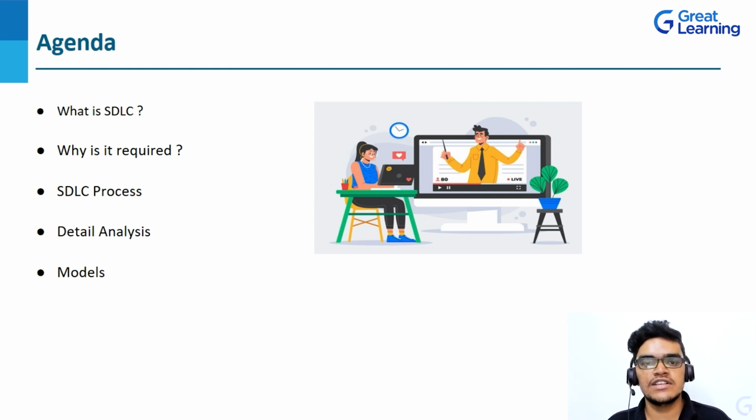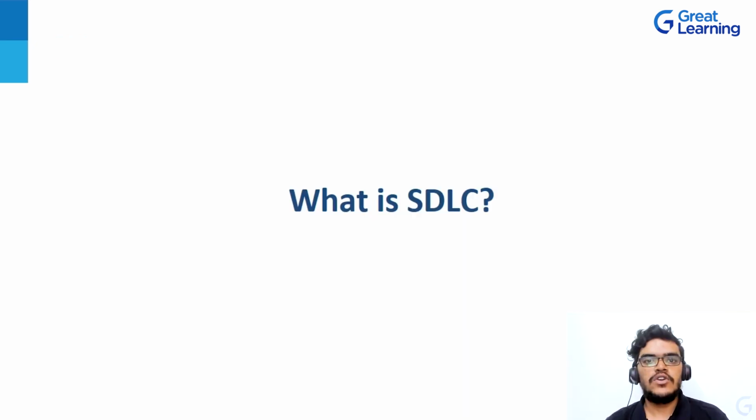Moving ahead, the next phase is coding or implementation. After that, testing, deployment, and then at last maintenance. And we will see the detailed analysis of each phase of the software development life cycle. Along with that, we will see different types of software development life cycle models such as waterfall model, spiral model, and many more. So now let's see what is SDLC.